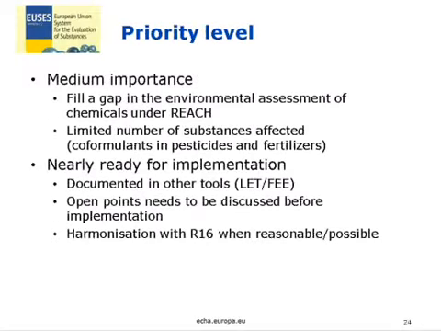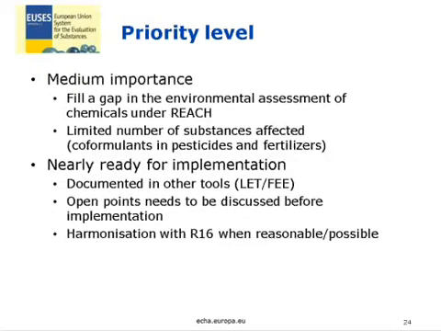The priority level: you see now that we have not a high importance level, as already mentioned by Anna. First of all, it is medium. Why is it medium? It is medium because, in our opinion, on the one hand it fills a gap that EUSES does not cover. On the other hand, it only affects a limited number of substances, basically the co-formulants in pesticides and substances in fertilizers.